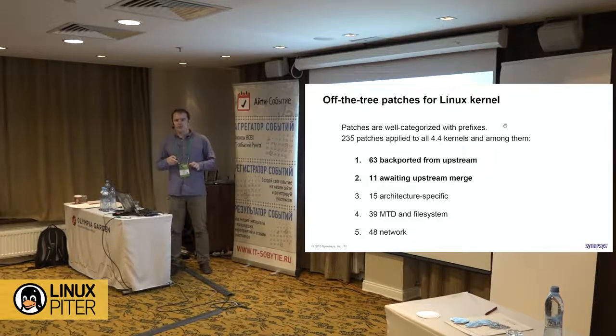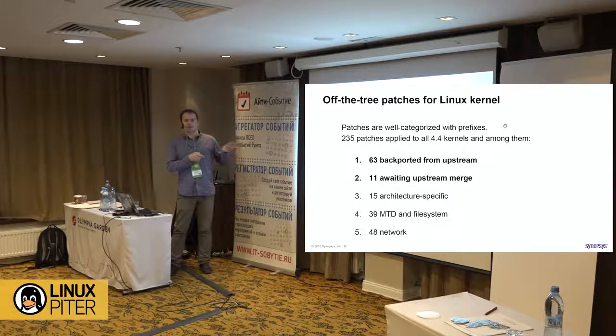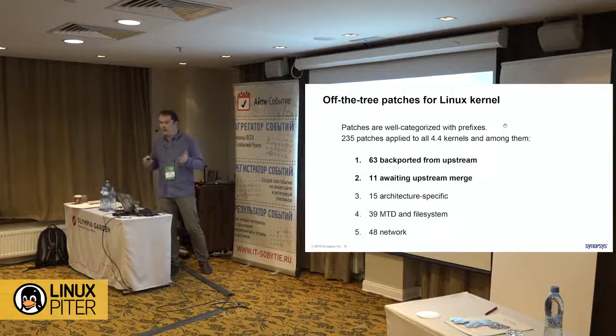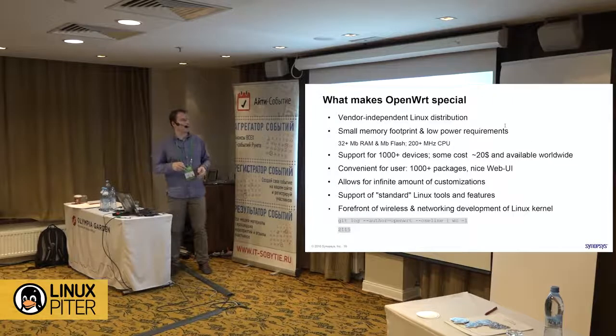Again, there is no real reason to keep these patches off the tree except the fact that somebody has to upstream them, and it requires some work. Sometimes it requires significant rework. So we have some of our issues fixed, and we are pretty happy waiting for a day when somebody does this work. Hopefully someday it will happen.